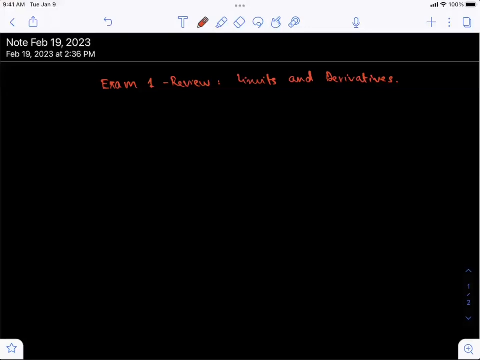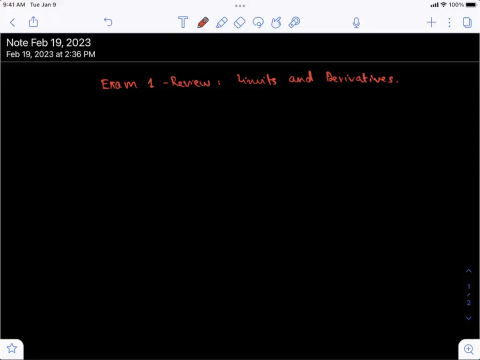At the beginning of the semester, we started the course with the slope of a secant line, or the slope of a line passing through two points. We also used a formula to calculate the average velocity or average rate of change between two time periods.